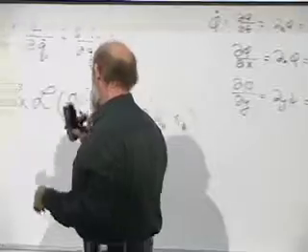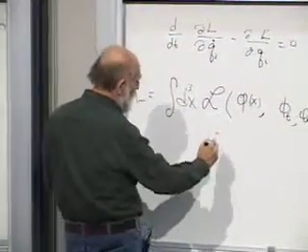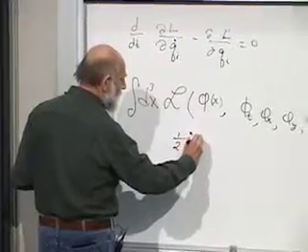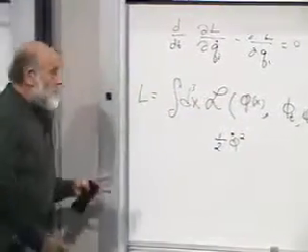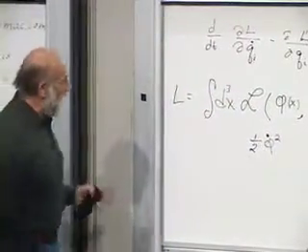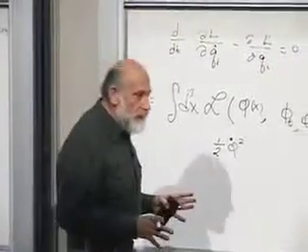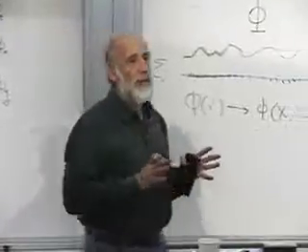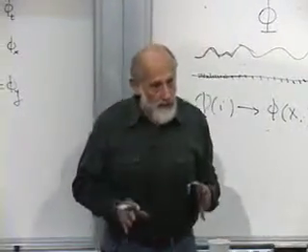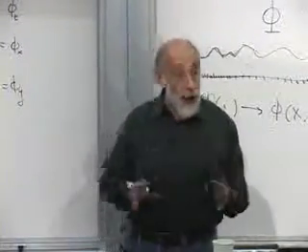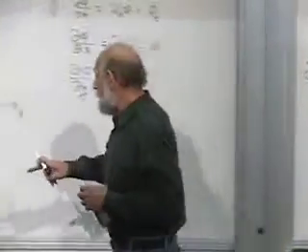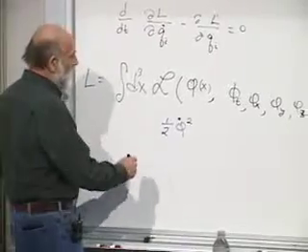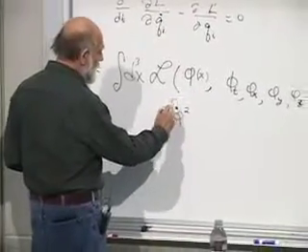So typically, in a Lagrangian like this, there will be a term 1/2 phi dot squared. That's kinetic energy. Kinetic energy by definition means the things which are quadratic in the velocities, and velocity means derivative with respect to time. So a typical Lagrangian might have 1/2 phi dot squared.